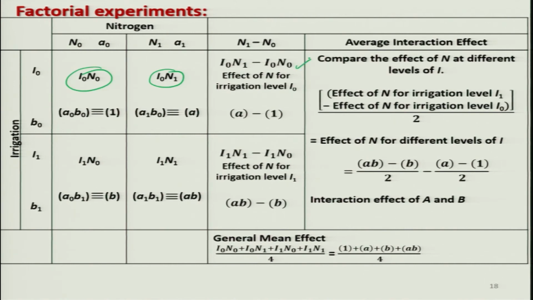Now, if you try to see, in this case I0, I0 are the same. So, do not you think that it appears like this is the effect of nitrogen for the irrigation level I0, and similarly the same thing can be written by subtracting A and 1, like this.